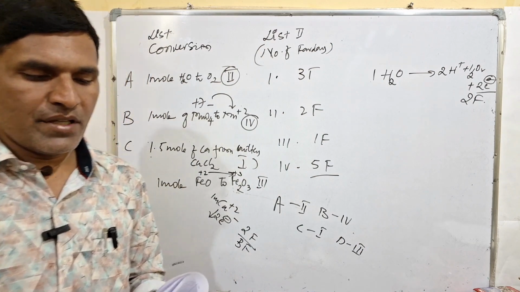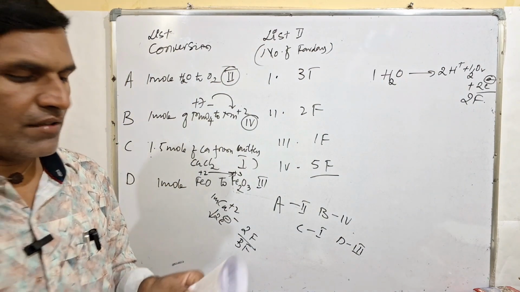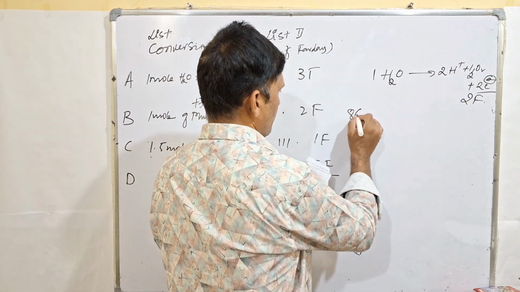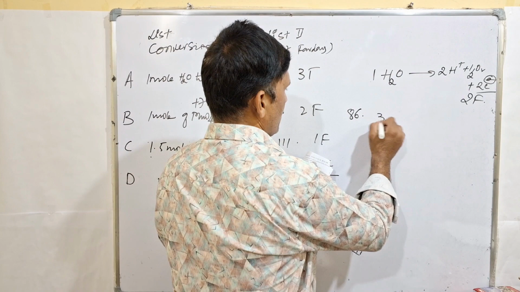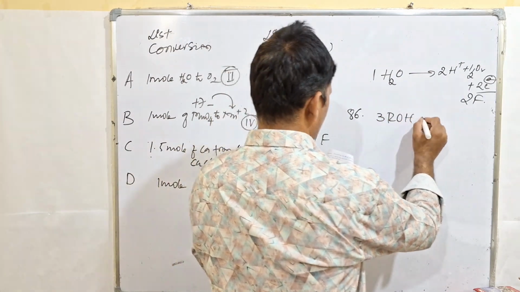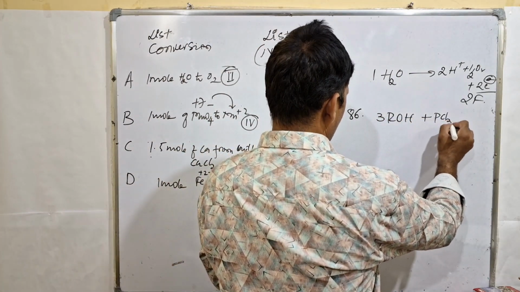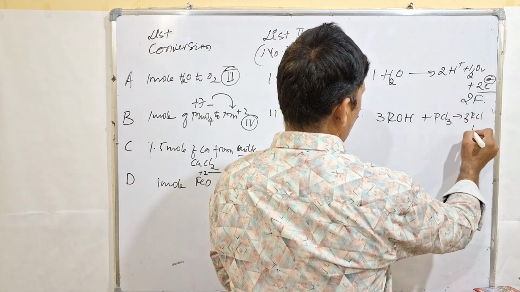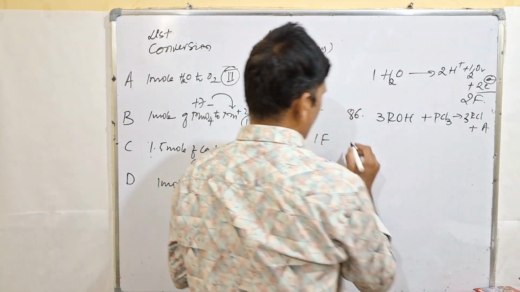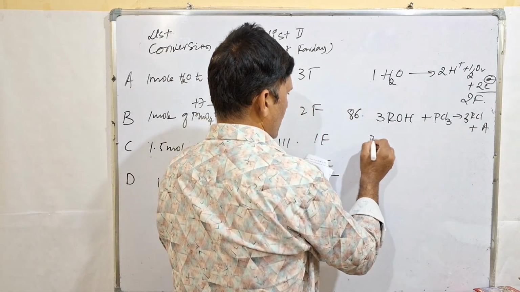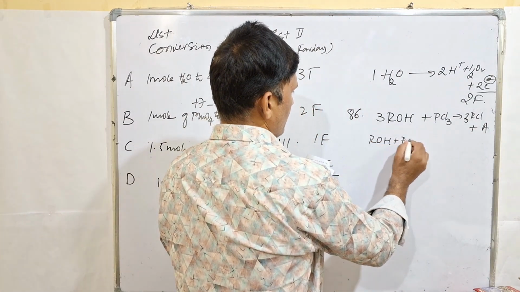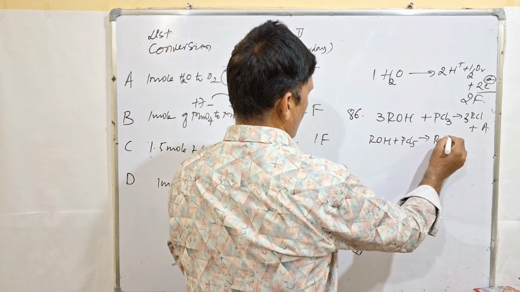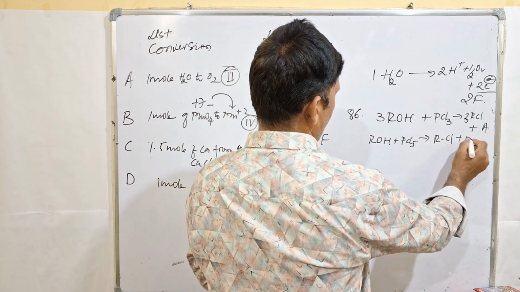The products A and B obtained in the following reactions respectively are. The reaction is question number 86. 3 moles of ROH plus PCl3 gives 3 moles of RCl plus A product. Similarly, ROH plus PCl5 gives 1 mole of RCl plus B product.